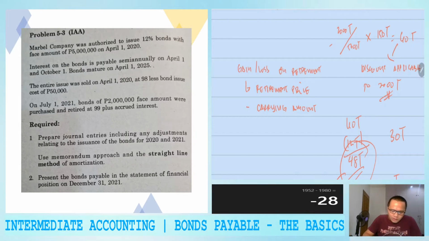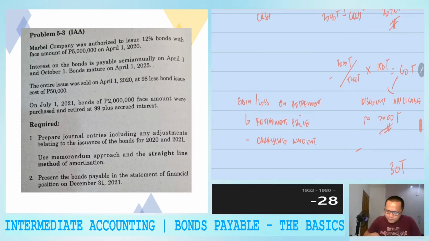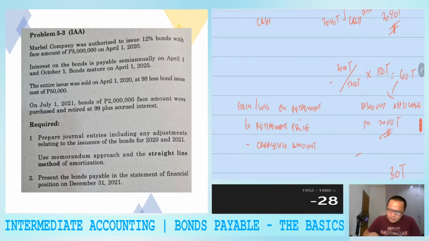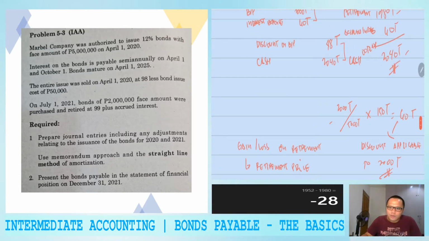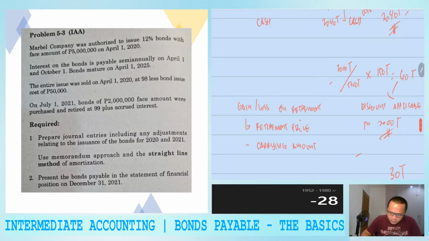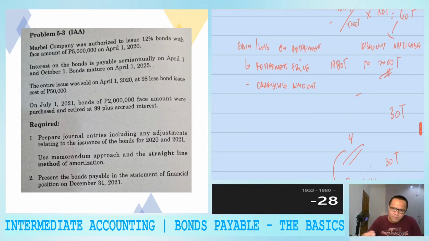So in this particular example, our retirement price, di ba, we have 1,980,000 because 2,040,000, that is a total cash outlay, no? Retirement price, 1,980,000, diba? Now, the carrying amount, we can easily compute it. Diba? 2 million face amount, diba?